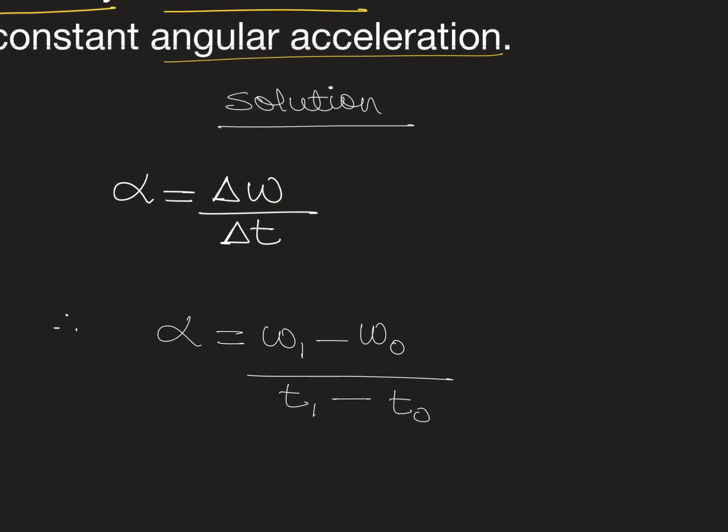In some books, they will use 1 and 2. In some books, they will use 0 and 1. Do not confuse yourself. Just remember that the larger value is always going to be the final. Okay?